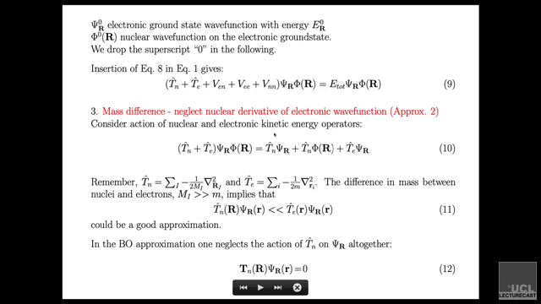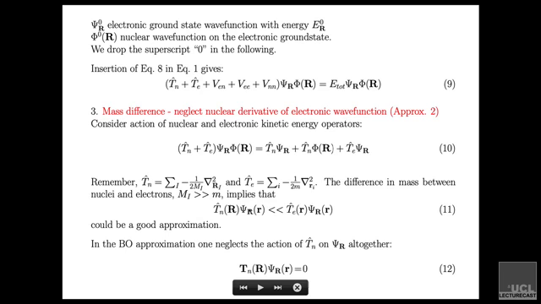Note that both the electronic and the nuclear wave function depend on the nuclear coordinates. So if the nuclear kinetic energy operator acts on that product, we have to apply the chain rule, so it's T_n times psi plus T_n times phi. Now the kinetic energy operator for the electrons also, of course, acts on this product, but the nuclear wave function does not depend on the electronic coordinates, so we are only left with one contribution. So it's these three contributions.